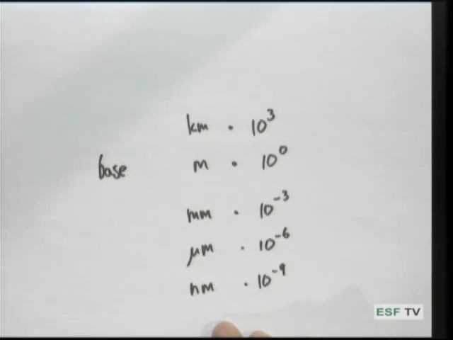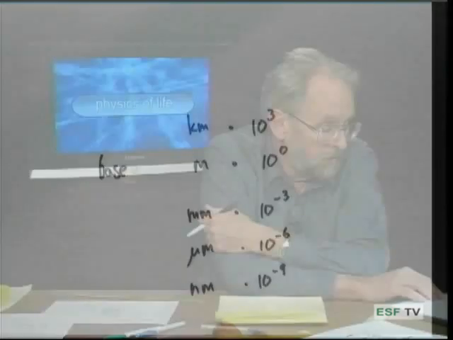Now, the SI system recognizes divisions like this. They're all 10 raised to exponents that are multiples of 3. Minus 3, minus 6, minus 9, 3, 6, 9, and so forth, all the way up to 10 to the 24th power on the large side, and 10 to the minus 24th power on the low side.